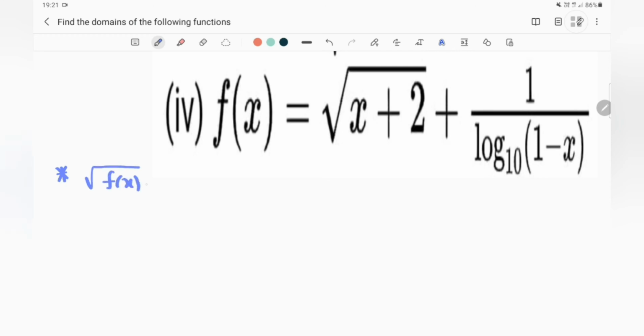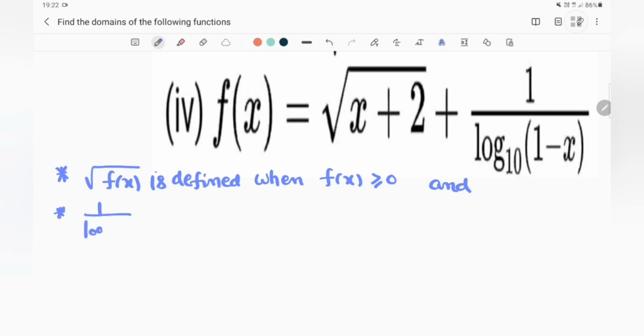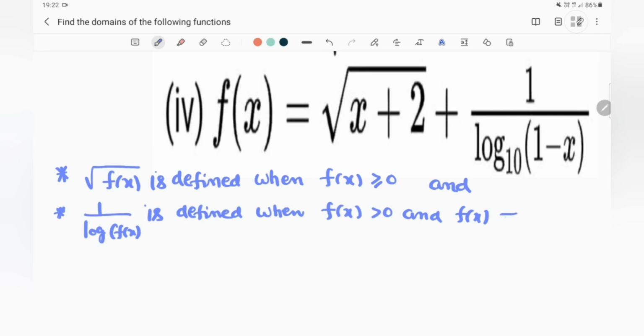Root f of x is defined when f of x is greater than or equal to 0, and 1 by log f of x is defined when f of x is greater than 0 and also f of x should not be equal to 1. So, if you follow these two important points, the domain will be very easy.